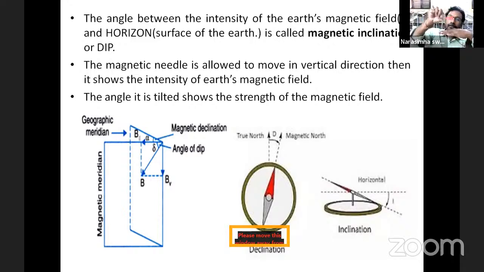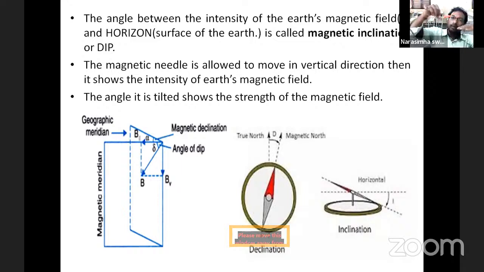I told you that if you are exactly standing at the North Pole, this compass shows this deflection, exactly vertical. If you are coming from somewhere, this needle shows like this. Exactly when you are reaching the top point, that is the north pole of the Earth, then this needle shows like this.